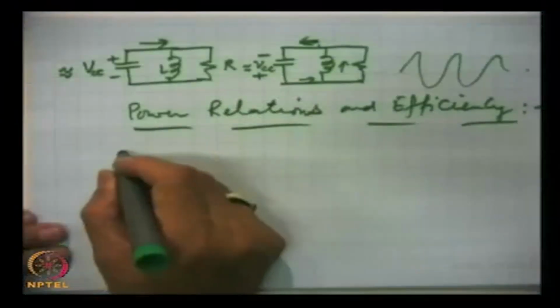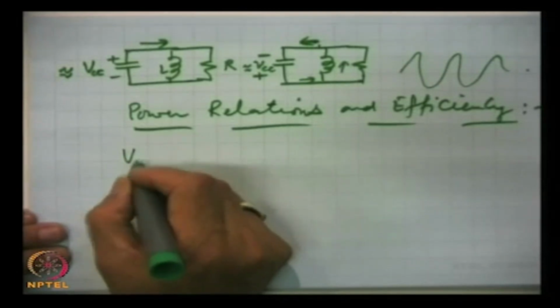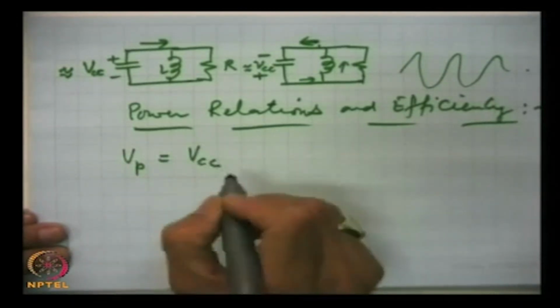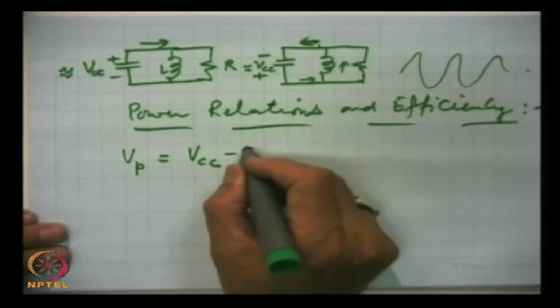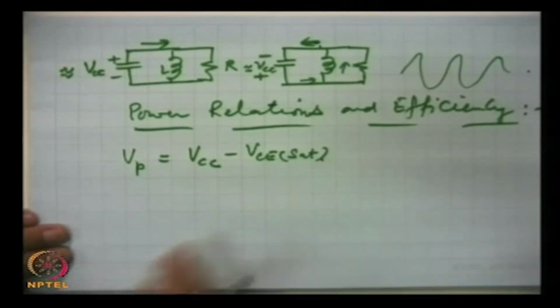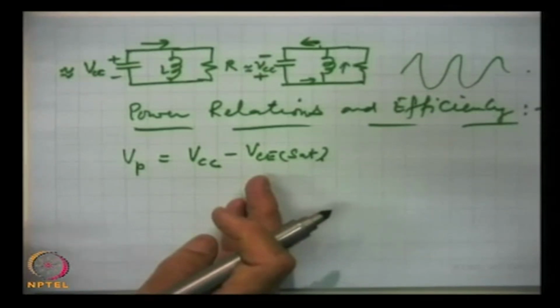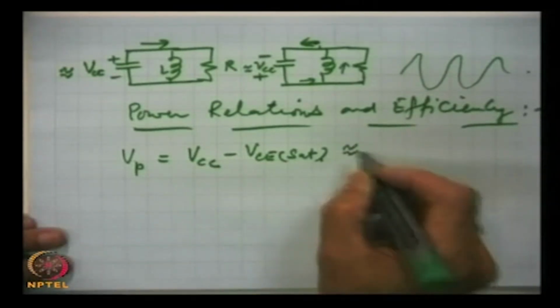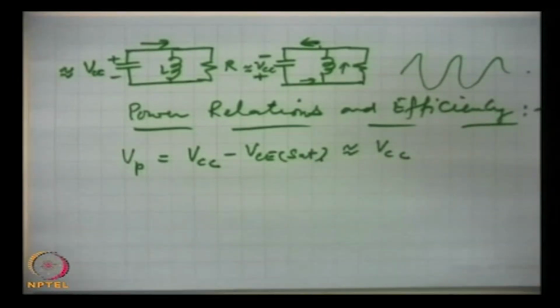When no signal is present, it is totally off, and the sinusoidal output of the amplifier has a peak voltage Vp, which will be close to VCC, actually VCC minus VCE saturation. The saturation voltage is a fraction of a volt, so this is very close to VCC. This is the peak voltage of the output of the amplifier.